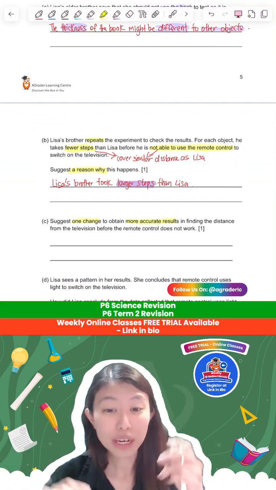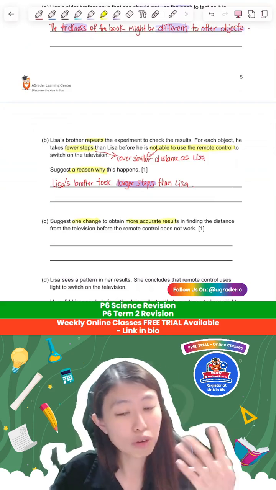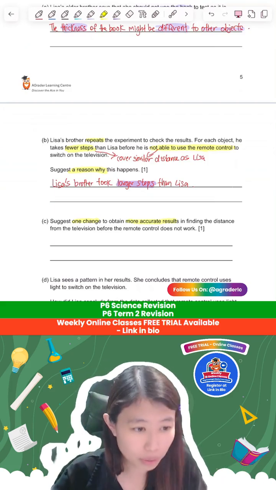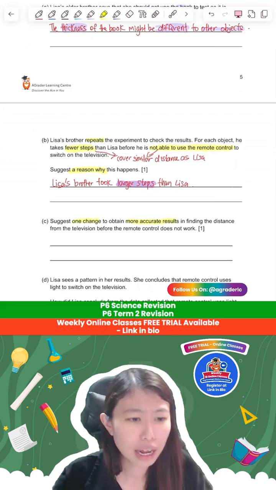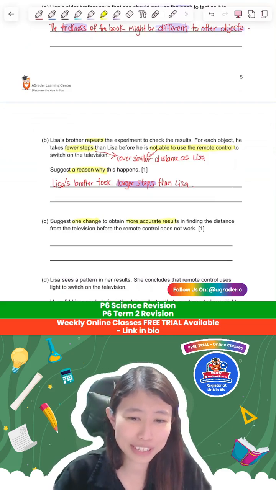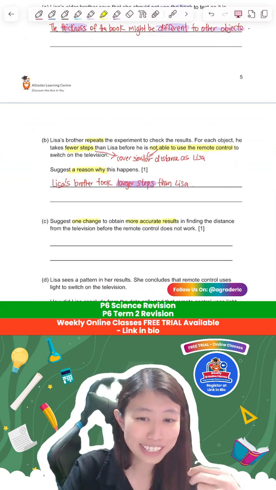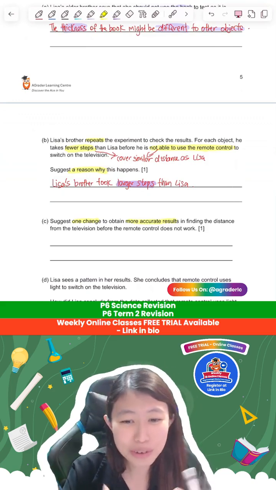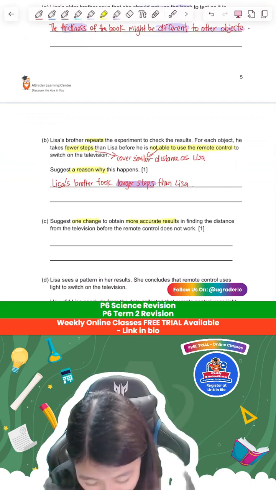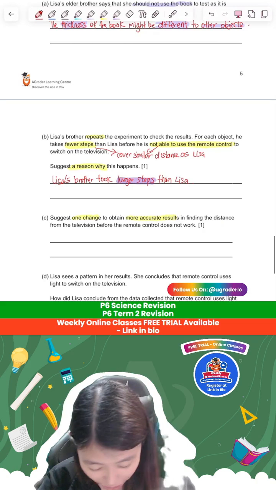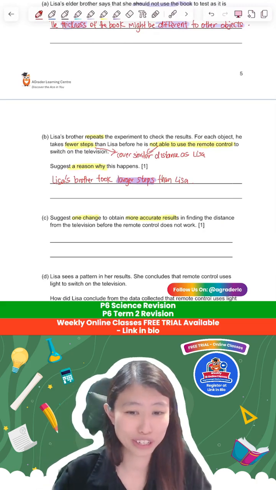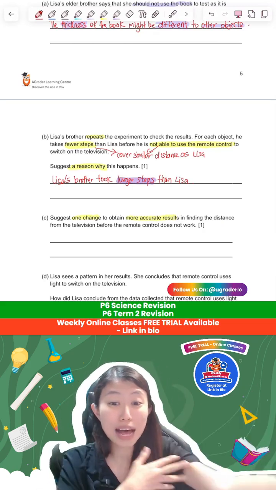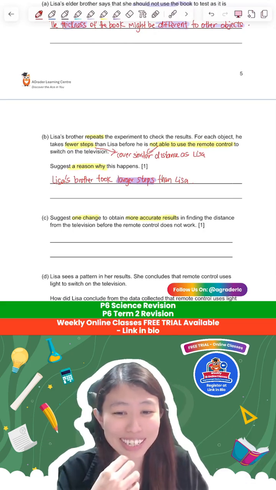So a measuring tape will be a better answer, but ruler not wrong also. Change the battery. Hello, if you change the battery, then it'll be an unfair test. Then one person has a very strong powered remote, the other one doesn't. Over here, arm length also not accurate enough, Jared. Some people's arms are longer than other people's, so cannot also.